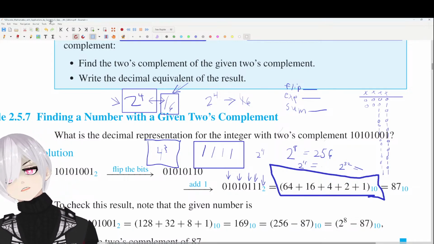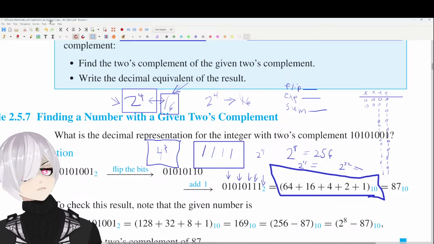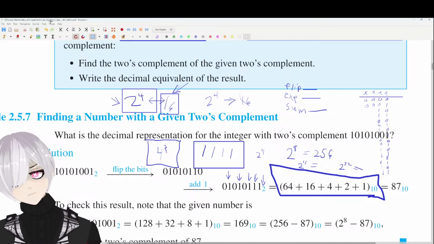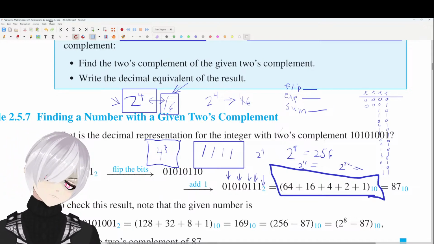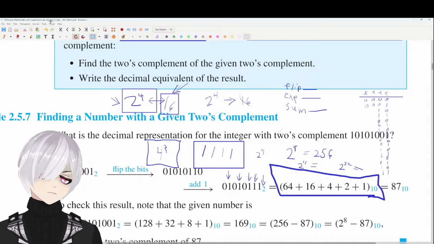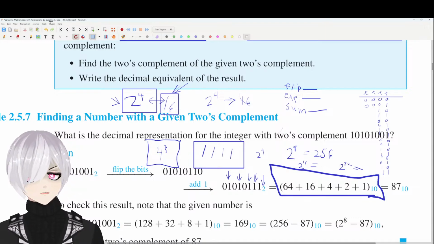I think calculators are now equipped with the ability to type in the exponent as well as the base number, right? Okay, so you always have the math on hand.